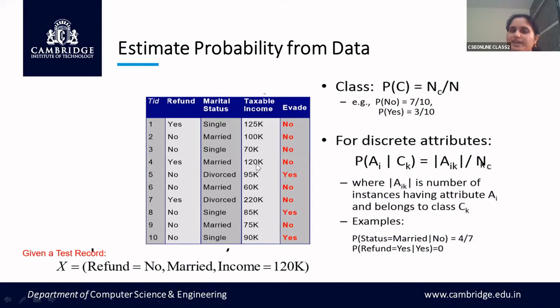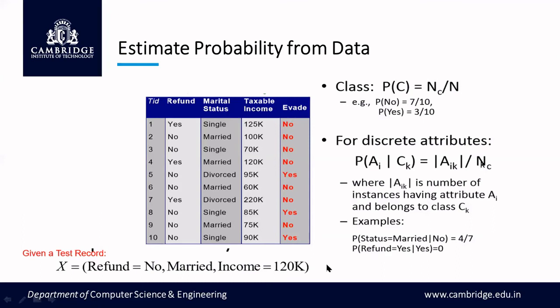Similarly, 120K yes is 0. So the total probability would be 0. From this example, clearly we know whenever we calculated for yes, the probability turned out to be 0. So here only we can stop and say for this particular test record where refund is no, marital status is married, income is 120K, evade is no.